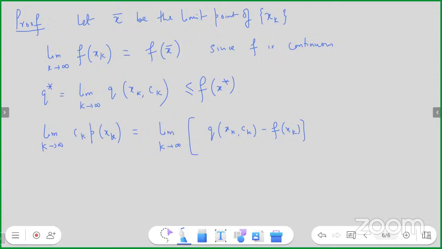Where am I missing c_k? Where should I put c_k? Oh, that's it. This is the definition. By definition, q of x_k, c_k was this term plus f of x_k, so I've just rewritten that. So what is this equal to? q star by definition, minus how much?